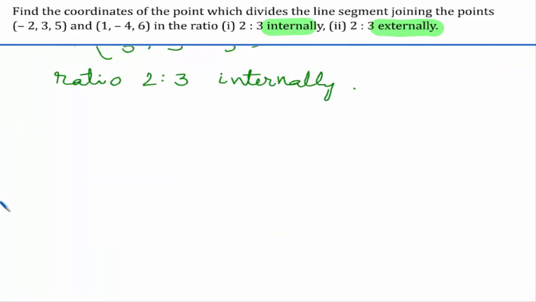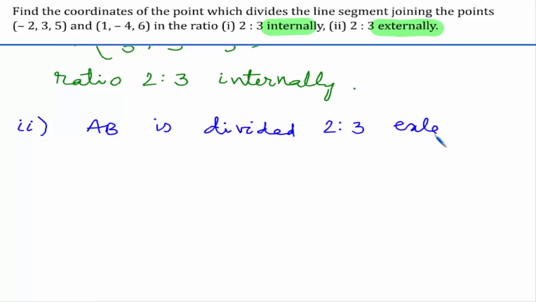Now similarly, we have to find out the point that divides AB in the ratio 2:3 externally.